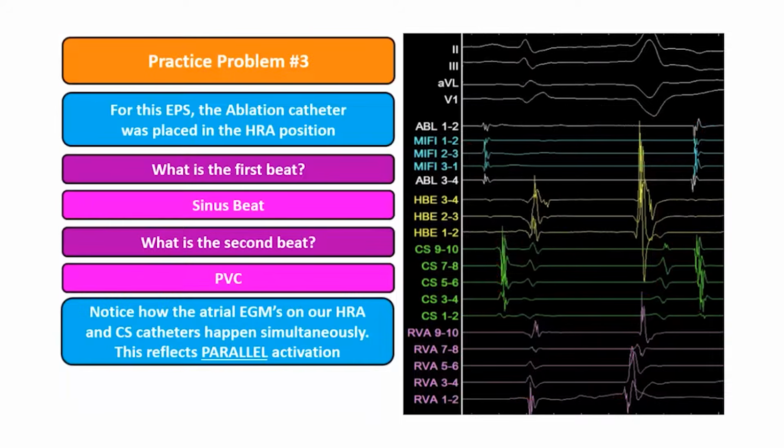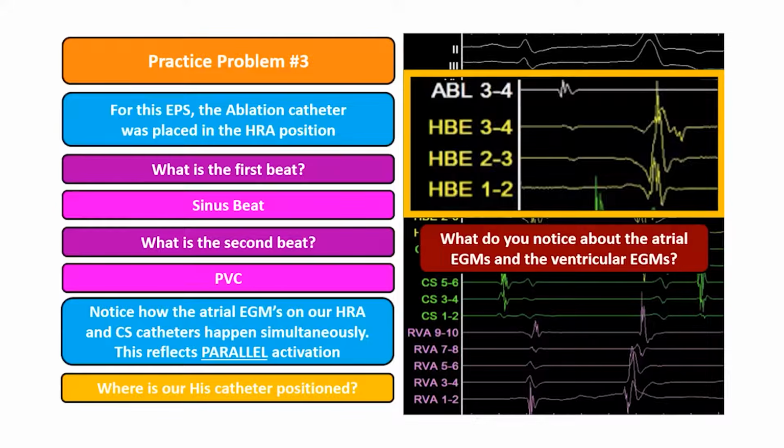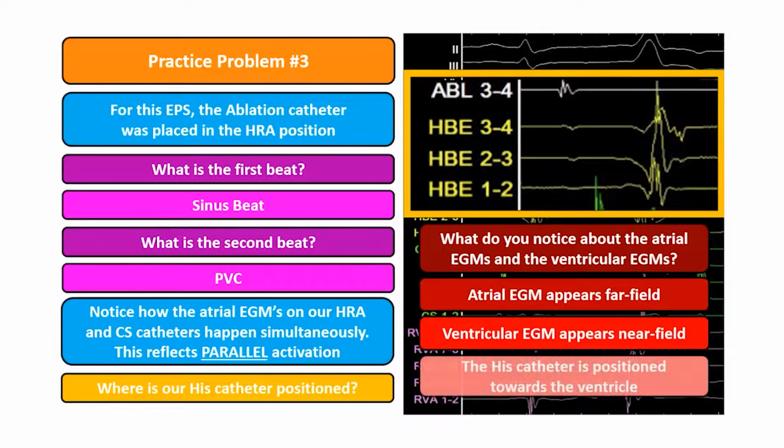Now, a more advanced question. Based on the signals you see here, where do you think our HIS catheter is positioned? Well, taking a look and enhancing, what we can see here in the first beat is that the atrial electrograms appear far field, whereas the ventricular electrograms appear more near field.